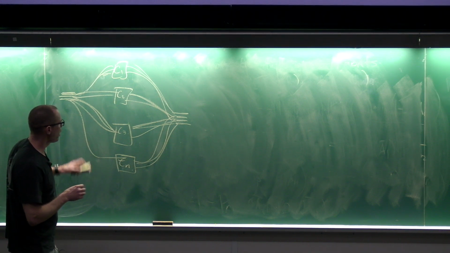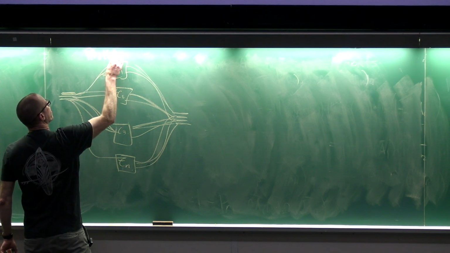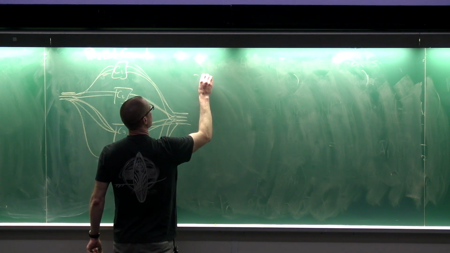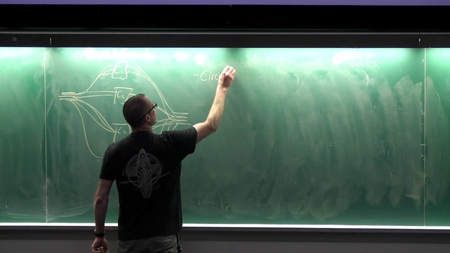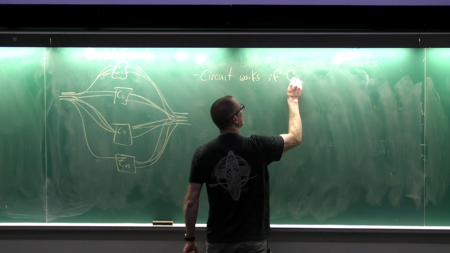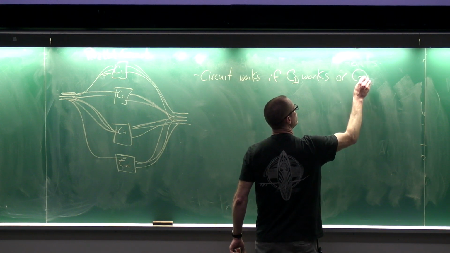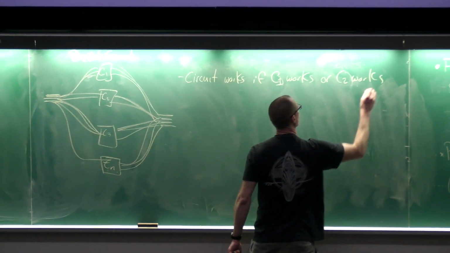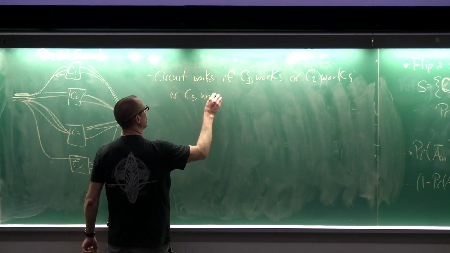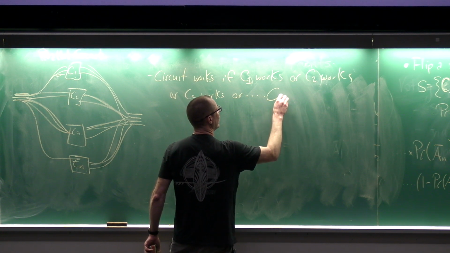And this is a parallel circuit. And you say that the circuit works if C1 works, or C2 works, or C3 works, or Cn works.